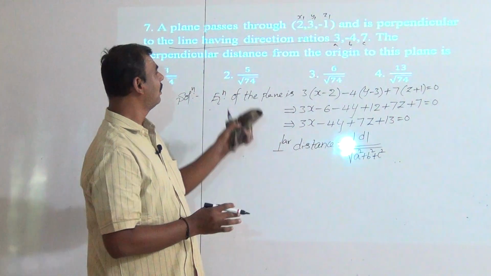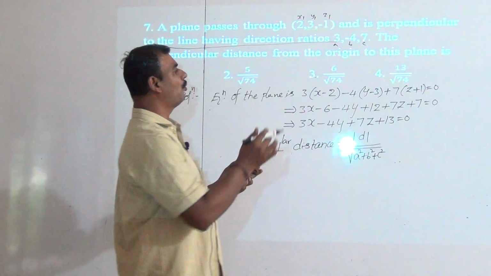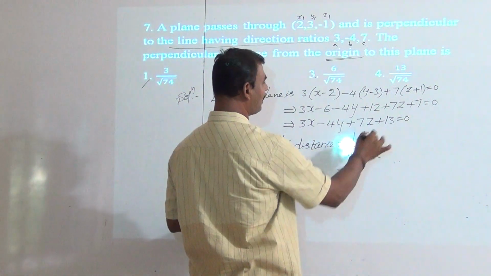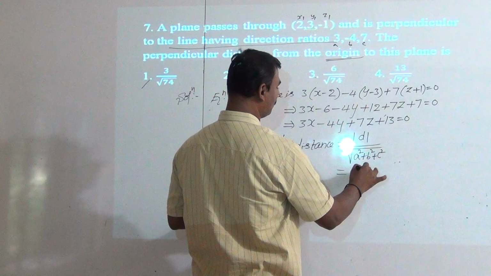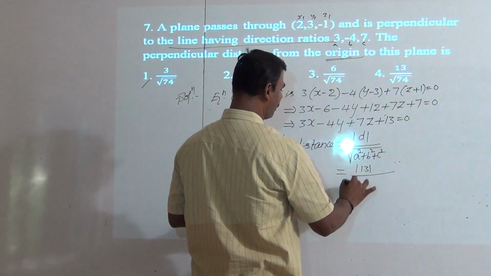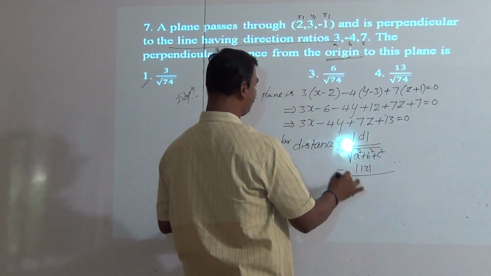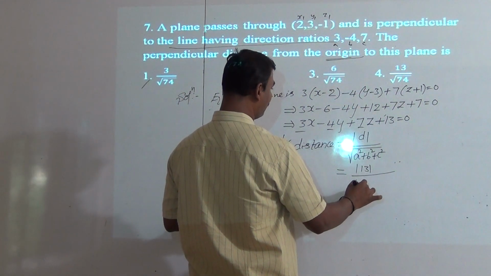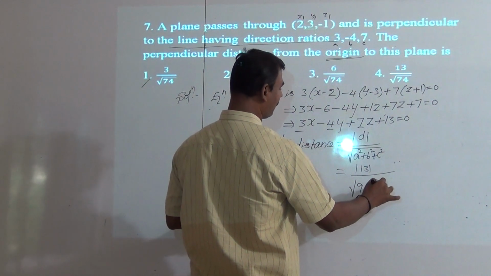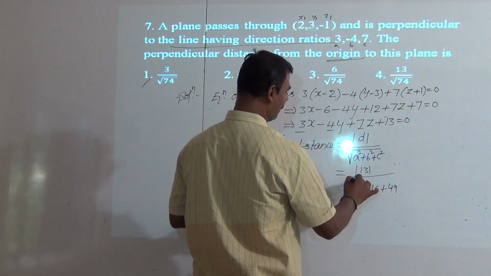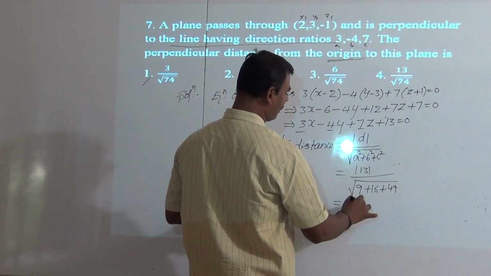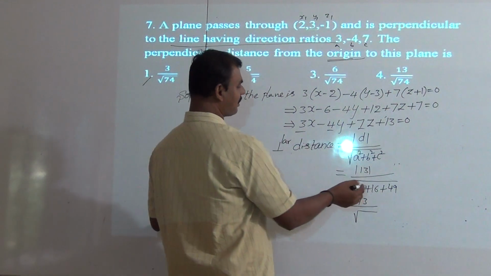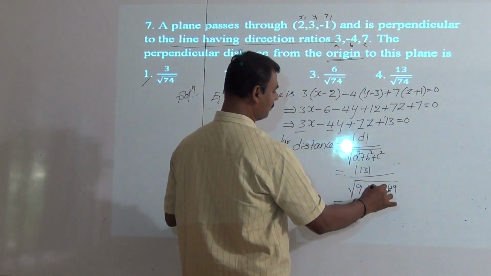From which point? From the horizon. From the horizon, important. So this is equal to d, which is 13, upon root over a square, 3 square is 9, minus 4 whole square plus 7 whole square, equals 13 upon square root of 16 plus 9, 25.